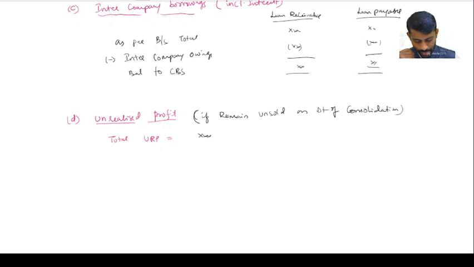Are you understanding? Total URP, how to calculate? That is value into profit percentage, value into GP ratio. So that is the total URP.